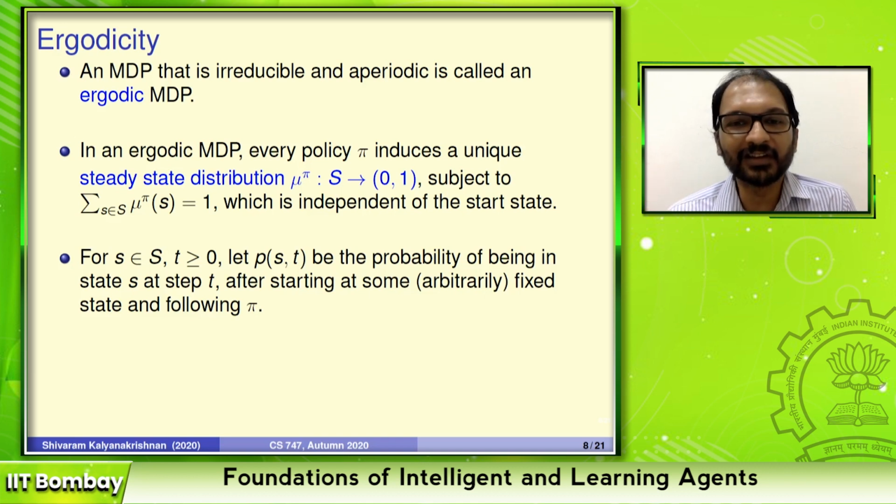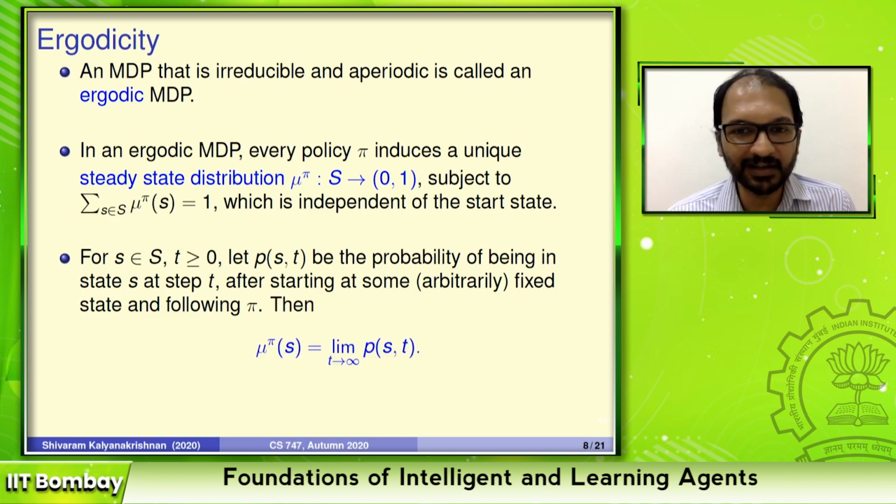So the good thing about ergodicity is it doesn't matter where you started. If you look long enough, if you take the limit of t going to infinity, then P of S comma T will be the same for all start states. It doesn't matter where you started, you'll sort of forget that. And that probability is what is called mu pi of S.